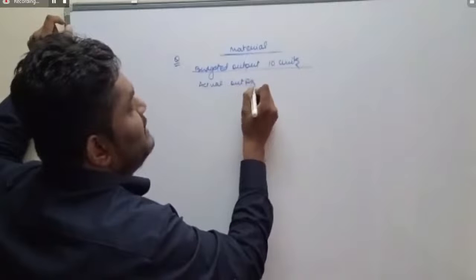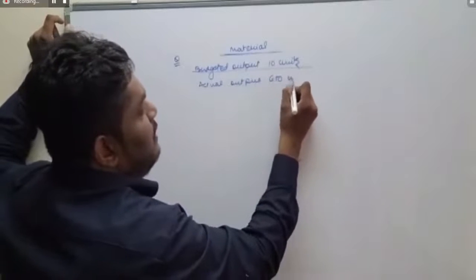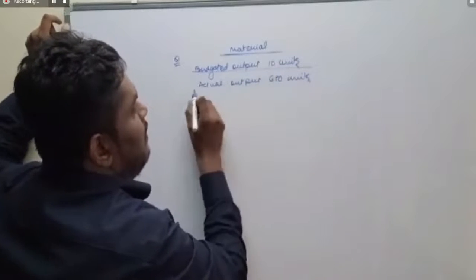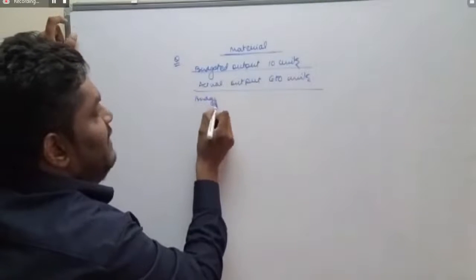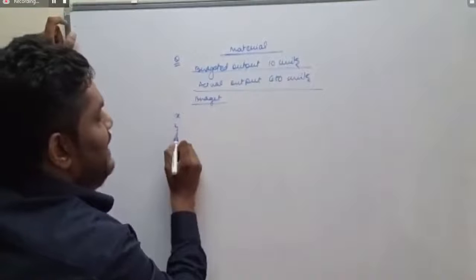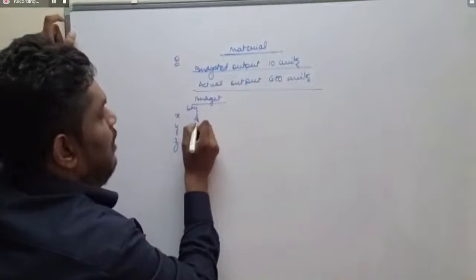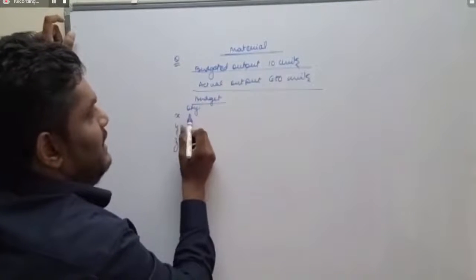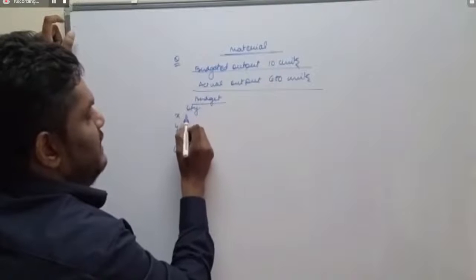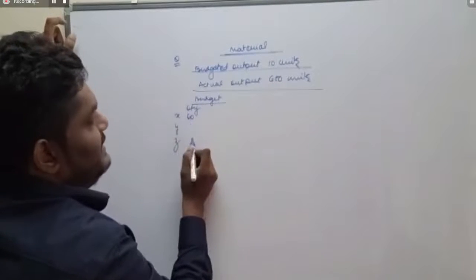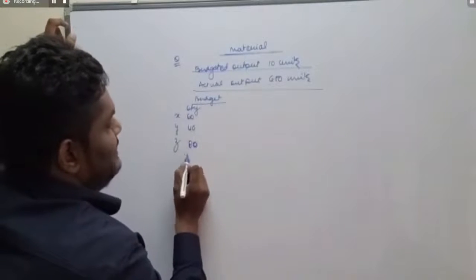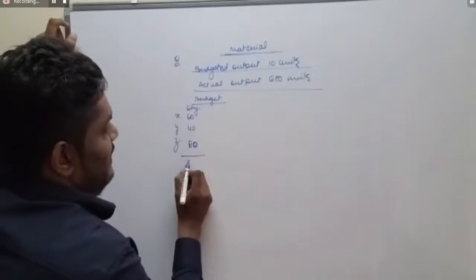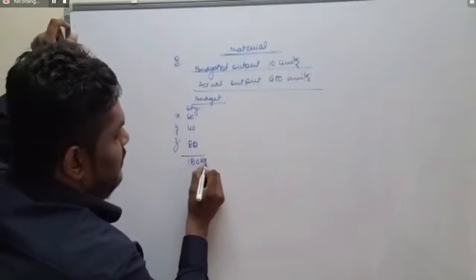Actual output is 600 units. The budgeted data is given wherein 3 raw materials are used, X, Y, Z. For 10 units, it requires 60 kgs of X, 40 kgs of Y, and 80 kgs of Z. So the total will be 180 kgs of input.